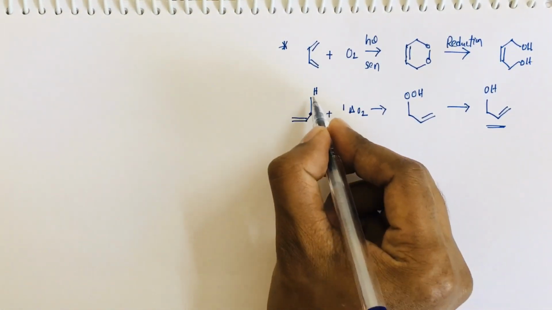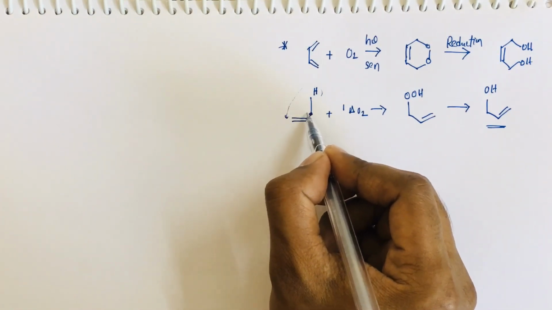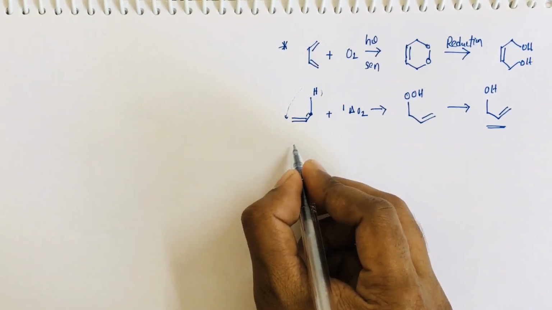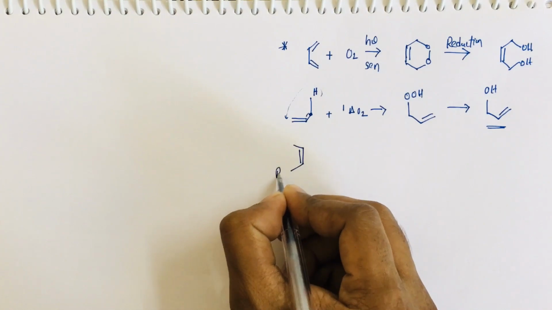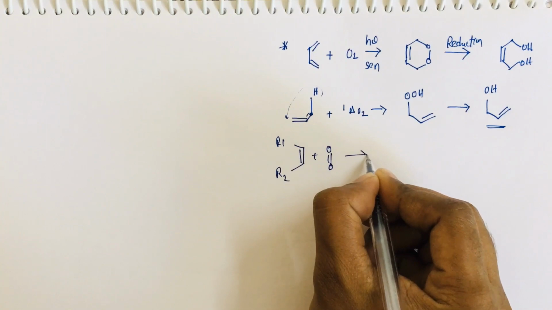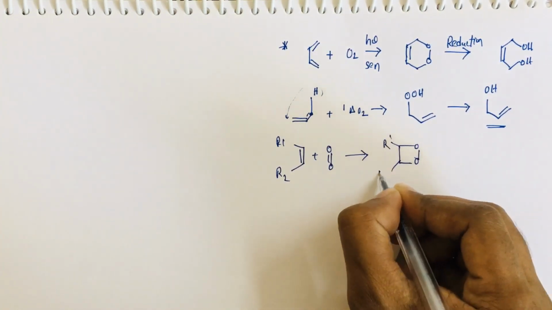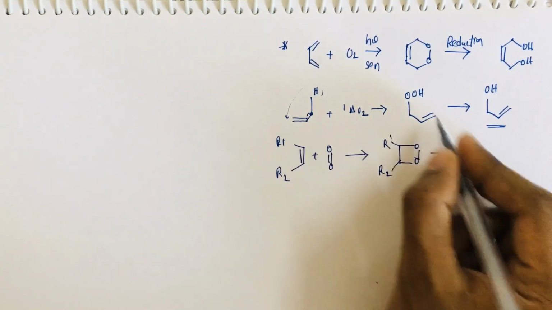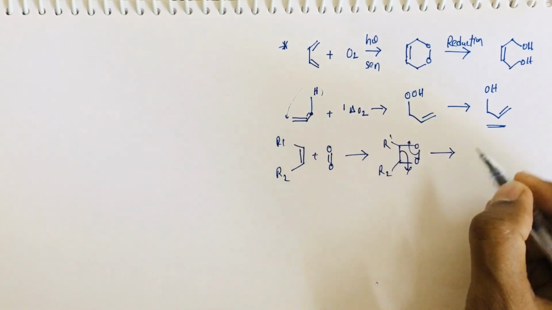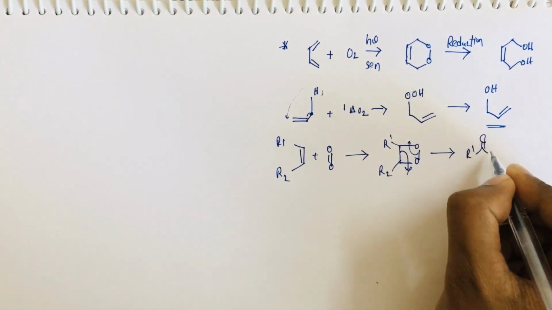We have an sp2 carbon here, the double bond forms here, and then this is happening. Then we can also see this reaction with R2 and R1. Upon treatment with molecular oxygen, we get a dioxetane kind of compound. Upon reduction and ring opening, we get two molecules of aldehydes.